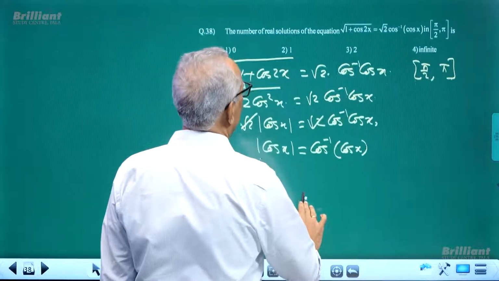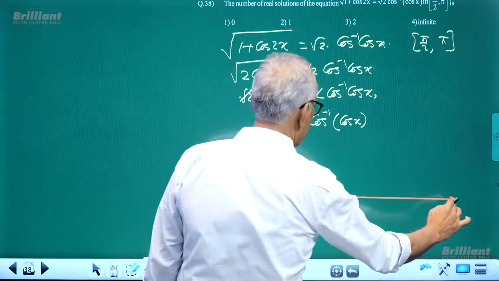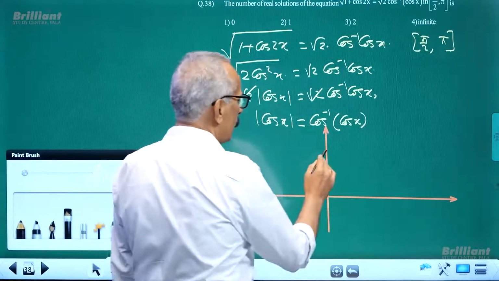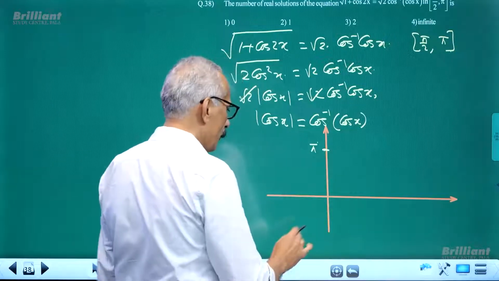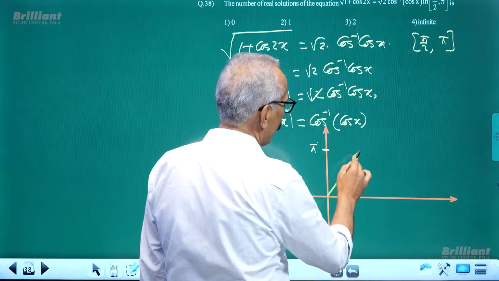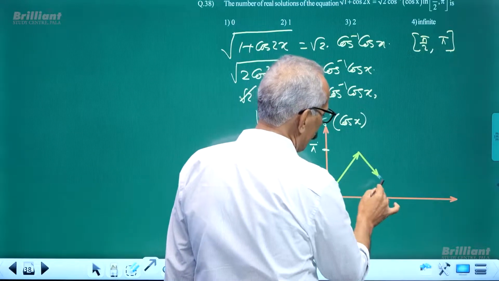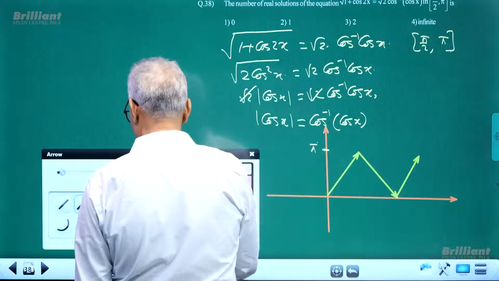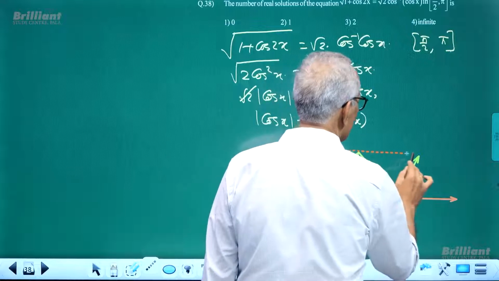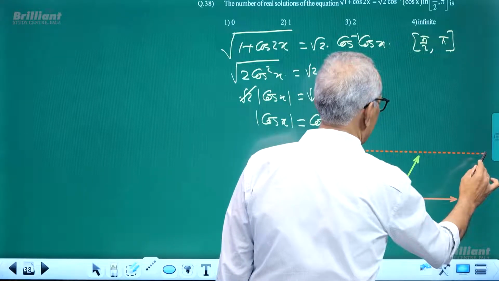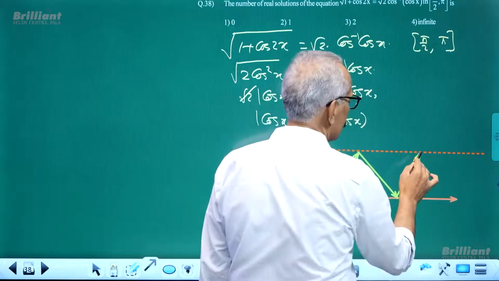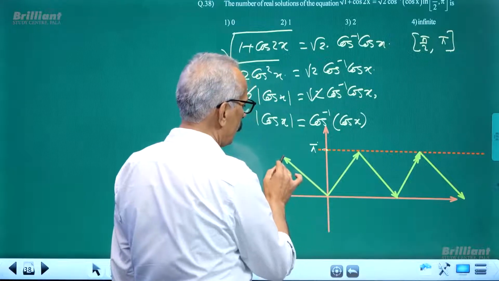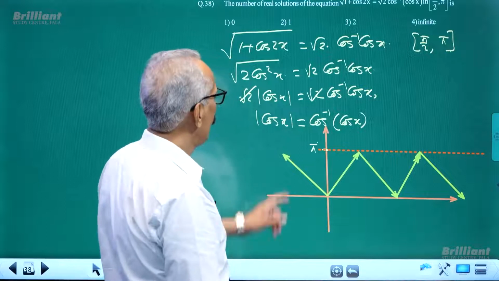സോ ഐ വിൽ ട്രൈ ടു ഡ്രോ ദ ഗ്രാഫ്. ഗ്രാഫ് ഓഫ് മോഡുലസ് ഓഫ് cos x കുഞ്ഞുങ്ങൾക്കറിയാം. സോ x ആക്സിസ്, y ആക്സിസ്. ഇതാണ് നമ്മുടെ പൈ. അത് കഴിഞ്ഞാൽ ഇതിങ്ങോട്ട് വന്നു, അത് കഴിഞ്ഞാൽ ഇത് അതുപോലെ പോയി. ഇങ്ങനെ പോയി. ദിസ് ഇസ് എ ഗ്രാഫ് ഓഫ് cos inverse of cos x.